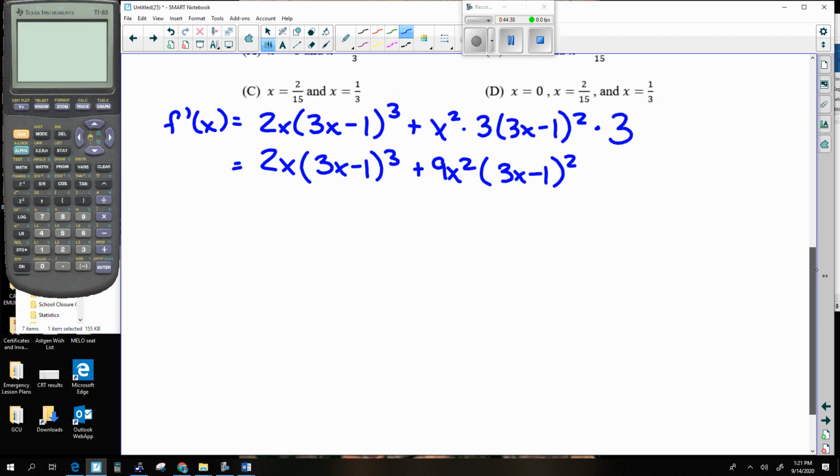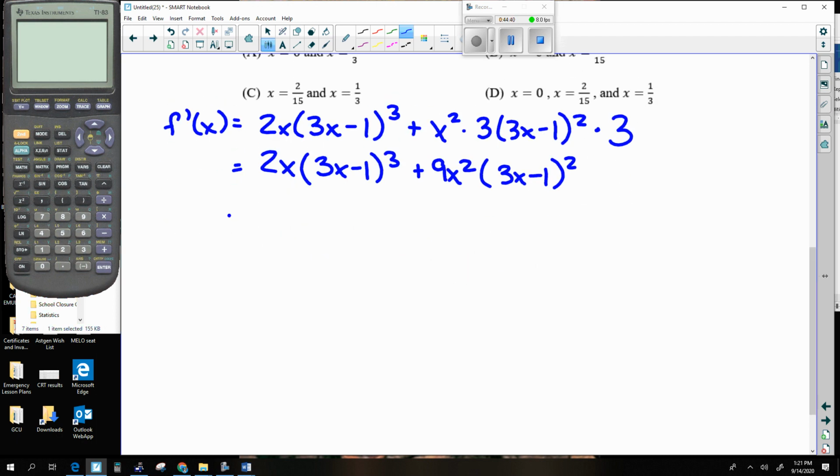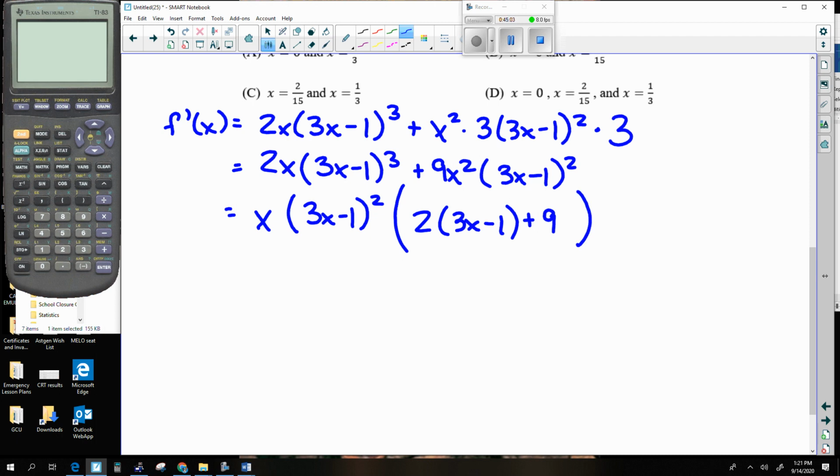All right, I think I know the trick to this one. So what can we GCF out? We can GCF out an x and a 3x minus 1 squared. And that would leave us 2 times 3x minus 1 plus 9. I think that's the trick.